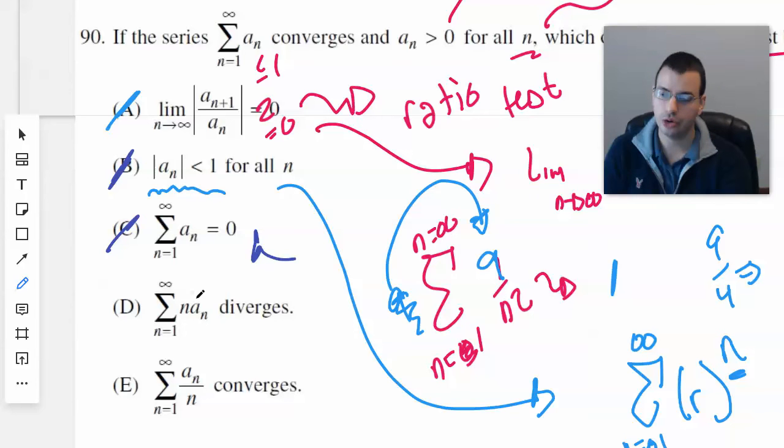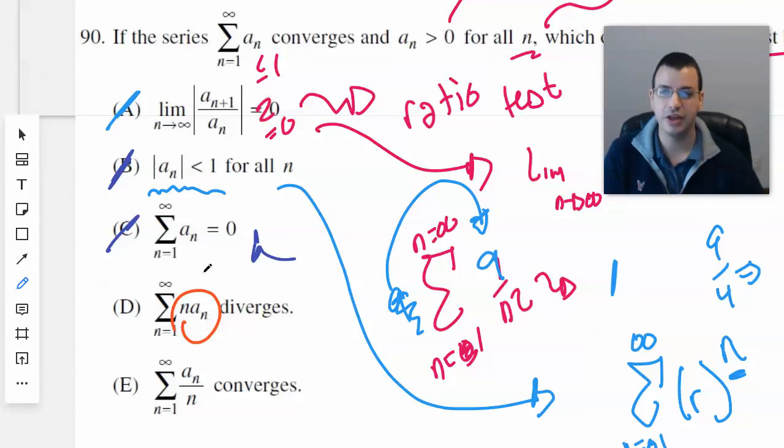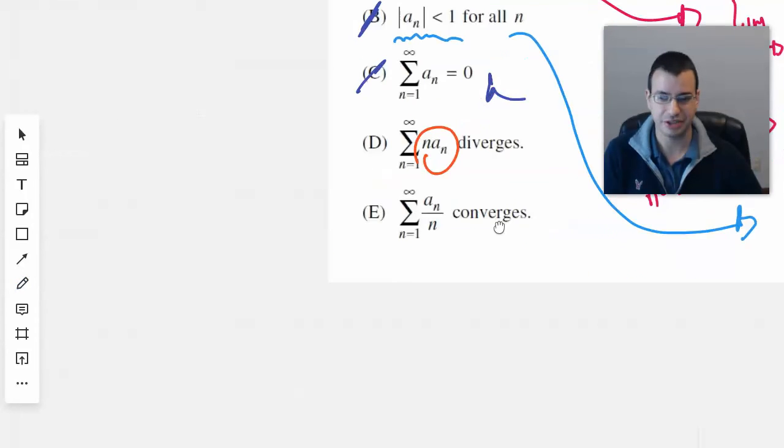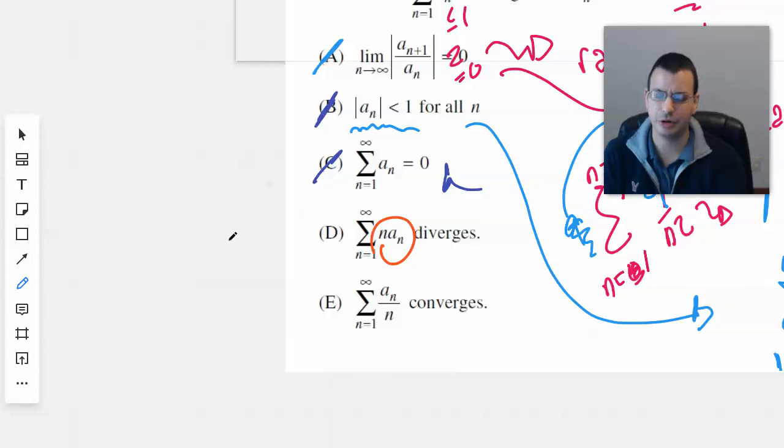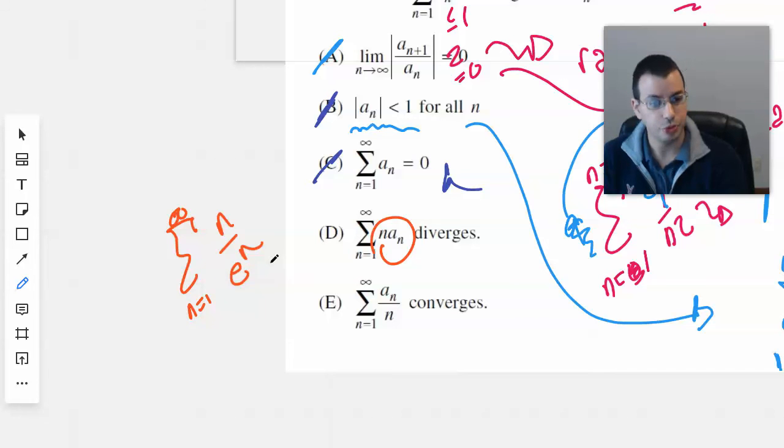So, the next option says, well, if we multiply it by n, then it has to diverge. That's not true either. I think we had an example earlier where we had something along the lines of the sum from n equals 1 to infinity of n over e to the n. And we proved that converged. That converges through the ratio test, because this one gets big pretty quick, but this one gets big crazy fast.